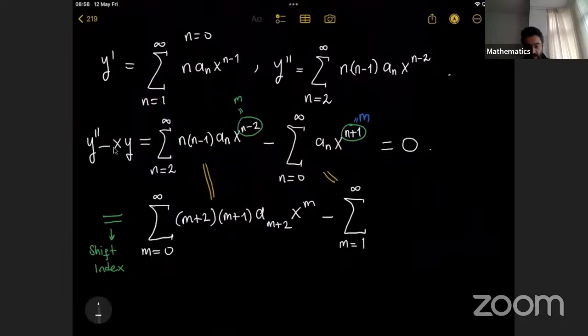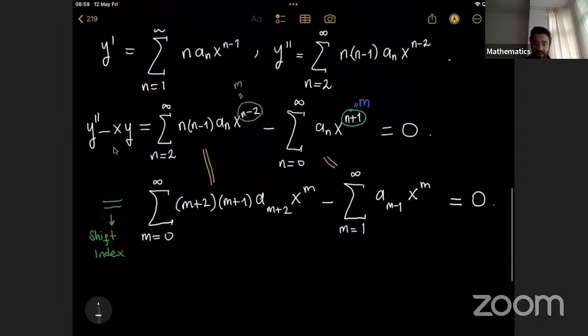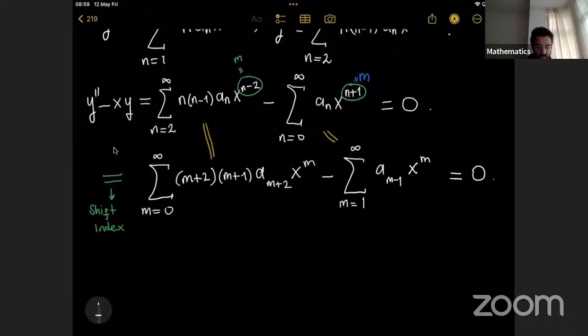So m goes from 1 to infinity. n is equal to m minus 1, x to the m. Okay, that's it. And this should be equal to 0. This is easier to work with because we have x to the m in both sums. The difference is that in the first sum, m starts with 0. In the second sum, m starts with 1.